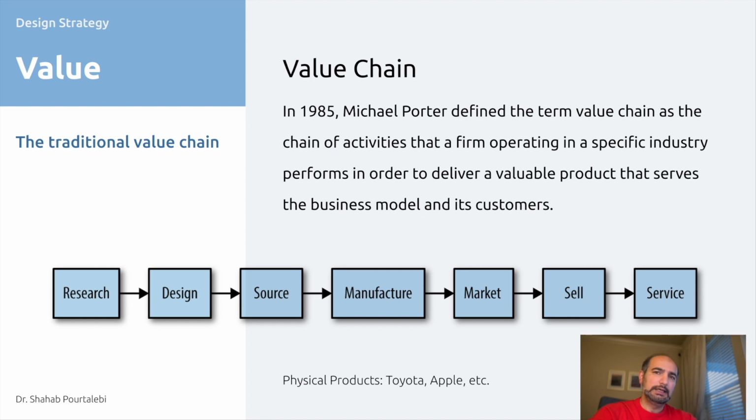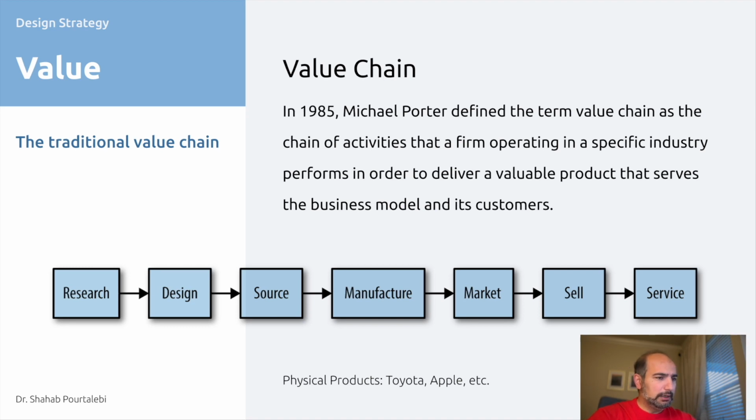And usually it started in companies that produce physical products. The whole process of creating value starts with a research project, basically, and then goes through design, sourcing, especially about the materials, manufacturing, marketing, sales, service, and that idea would continue, basically.